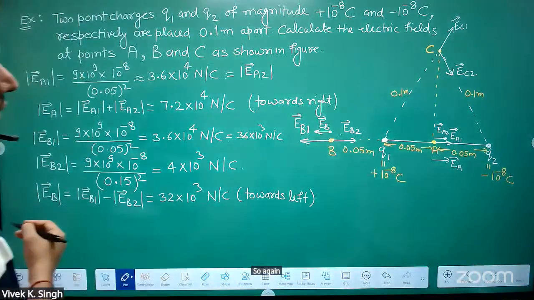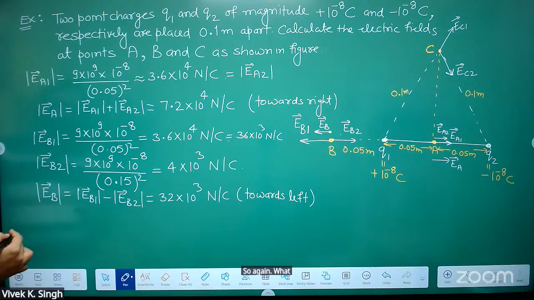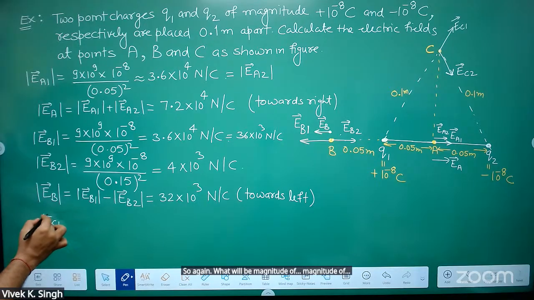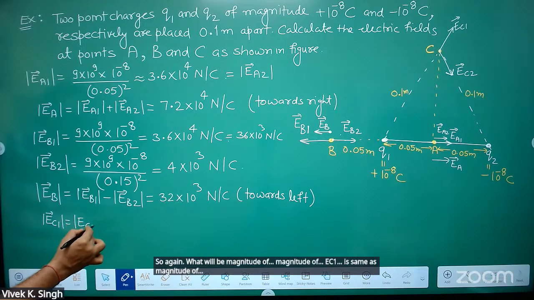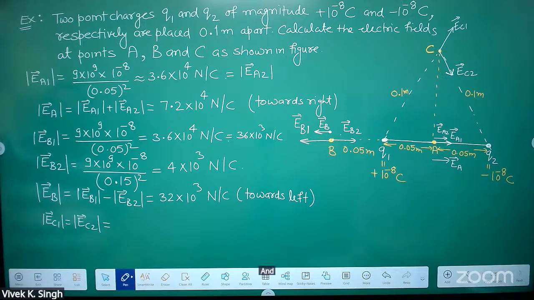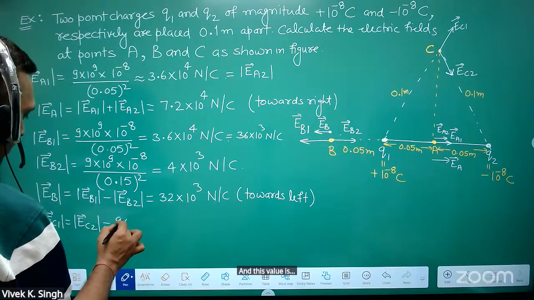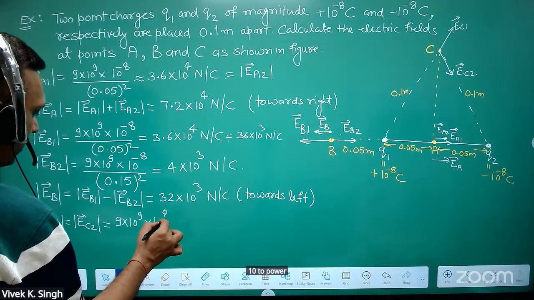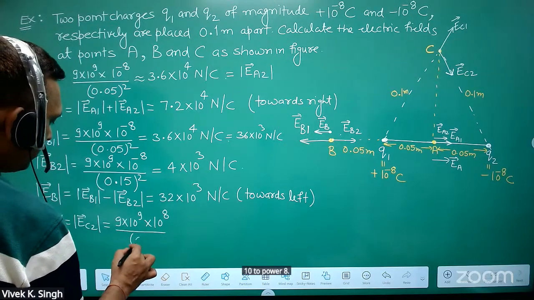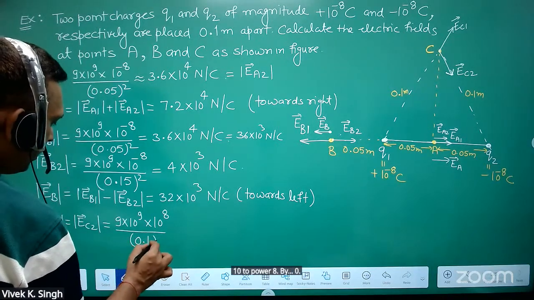So again, the magnitude of EC1 is same as magnitude of EC2, and this value is 1 by 4 pi epsilon naught, 10 to power minus 8 by 0.1 whole square.